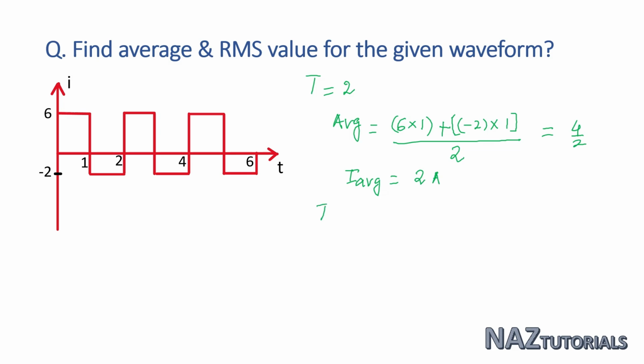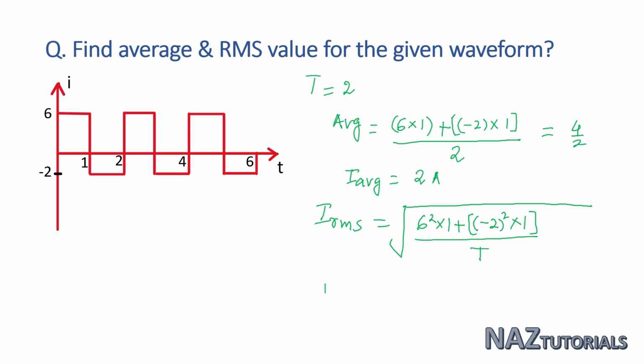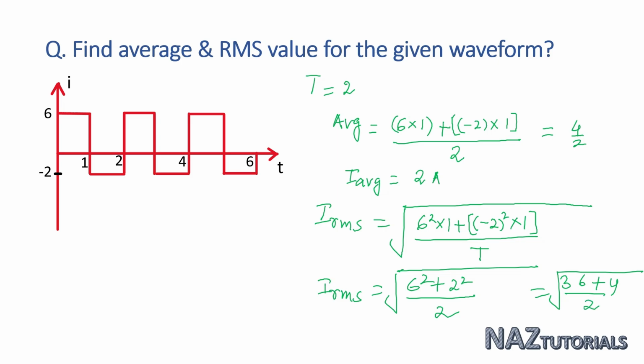Now calculate the RMS value. The RMS value is the square root of the area of I square for time period T. I square for the first half cycle is 6 square into 1, and for the second half cycle the amplitude is -2, that is -2 square into 1, divided by total time period T. So the calculated RMS is the square root of 6 square plus 2 square divided by the time period of 2 seconds, 36 plus 4 divided by 2, that is 40 by 2.